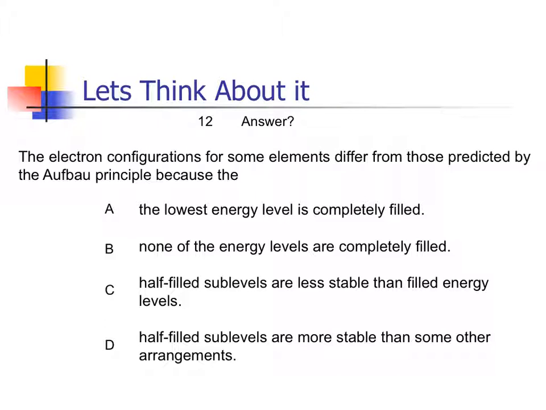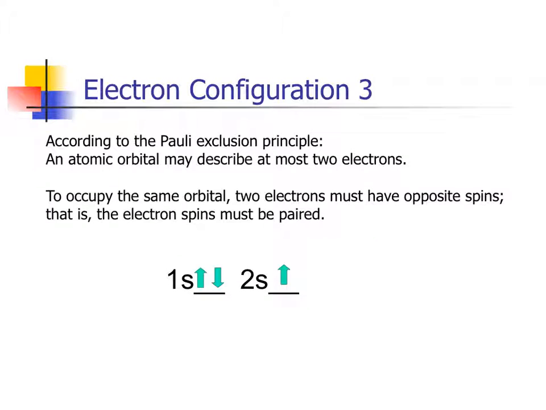The electron configurations for some elements differ from those predicted by the Aufbau principle because... now Pauli's exclusion principle says that each orbital, or dash, can have a total of 2 electrons, but they need to be in opposite spins. These opposite spins mean that one goes up, one goes down. Now, there is technically a very specific order.